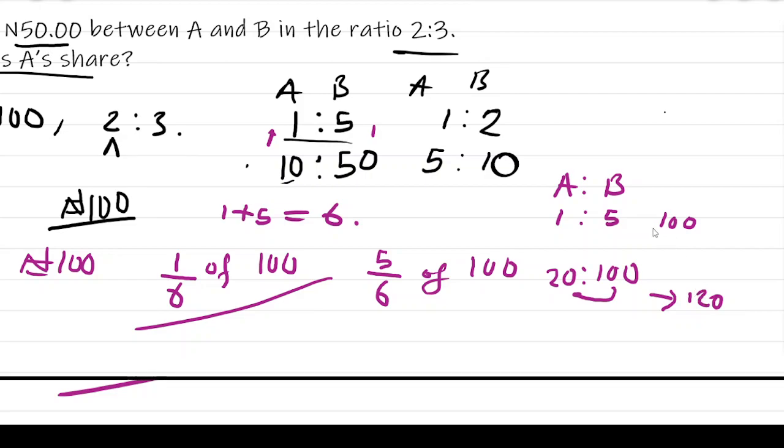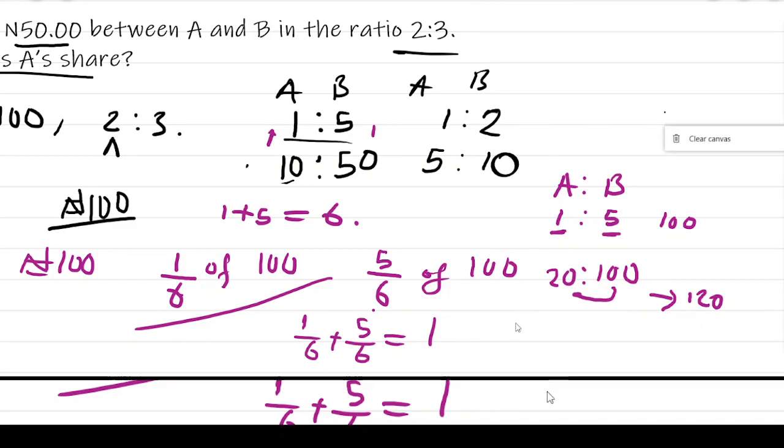The best way is to add the values 1 and 5, so A's share will be 1/6 and B's share will be 5/6 of the money. Because when you add 1/6 and 5/6, you get 1. So you have shared one whole thing between them. That is why we usually add 1 plus 5.